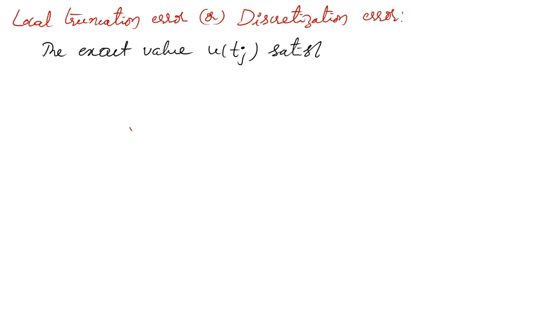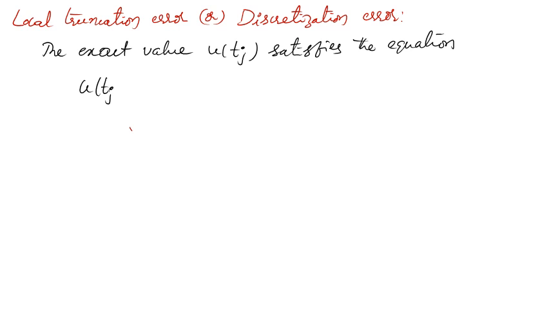And the next one, local truncation error, also called discretization error. What is the definition? See, the exact solution u of t j satisfies the equation. What is the equation?